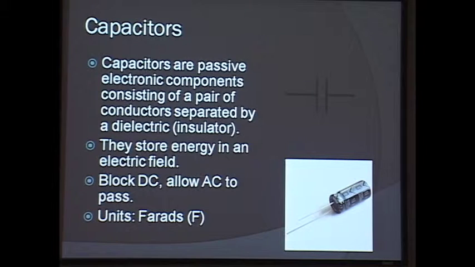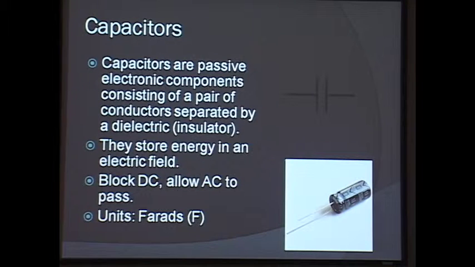Capacitors are another part of circuits. They are passive electronic components consisting of a pair of conductors separated by a dielectric. They store energy in an electric field. They block DC, allow AC to pass.